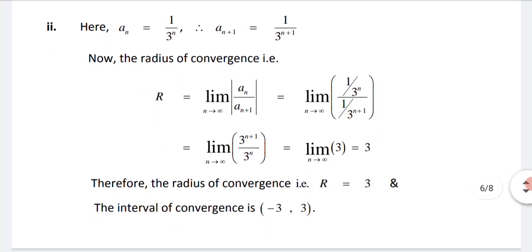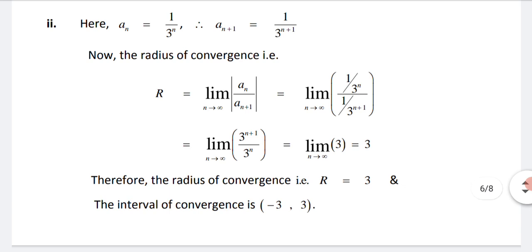Now second example, here an is equal to 1 by 3 to the power n. Therefore an plus 1 is equal to 1 by 3 to the power n plus 1. Now the formula for radius of convergence is r equal to the limit of modulus of an by an plus 1 as n tends to infinity, equal to the limit of 1 by 3 to the power n divided by 1 by 3 to the power n plus 1, which is the limit of 3 to the power n plus 1 by 3 to the power n.